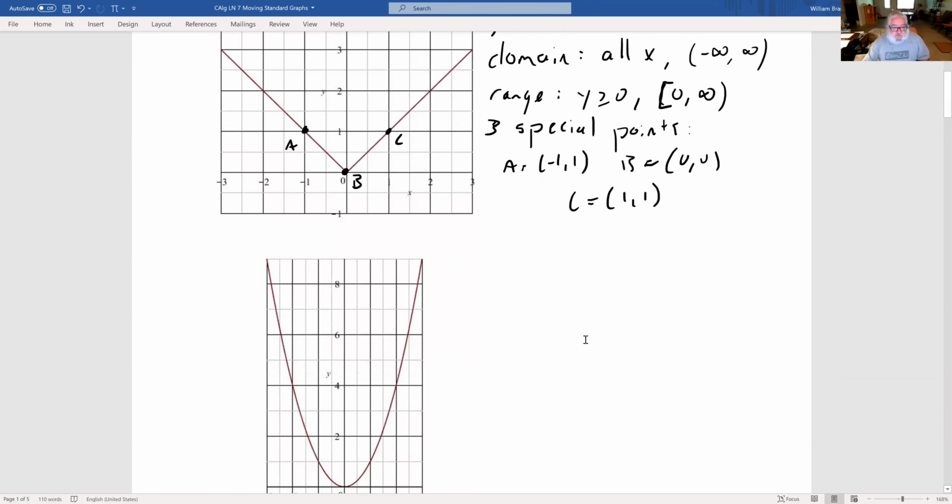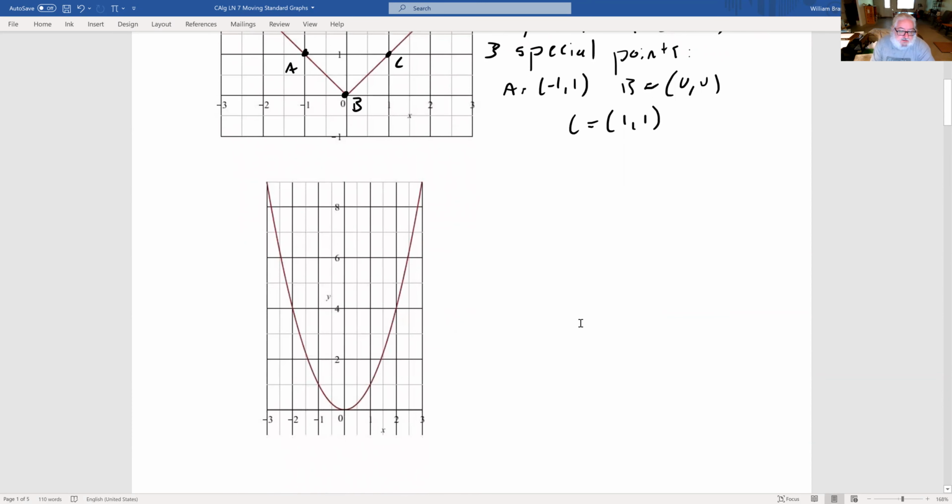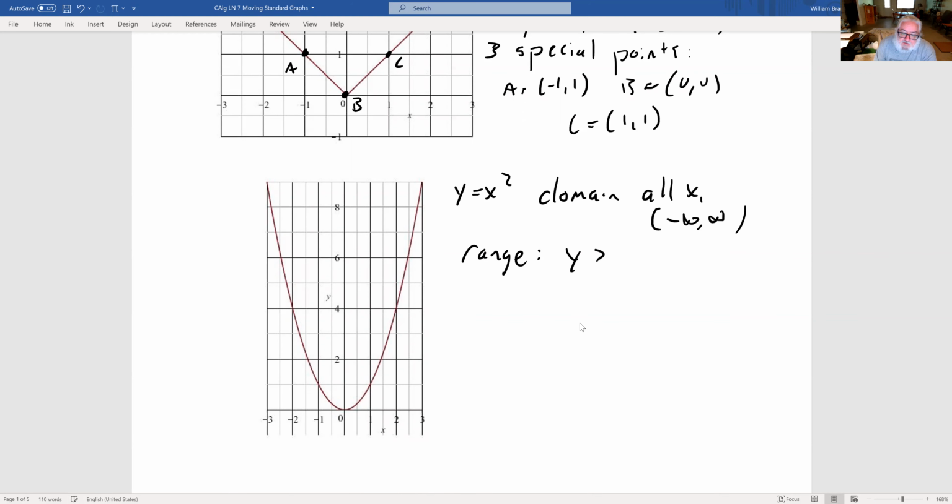A very similar graph is y equals x squared. Looks pretty much the same, except it's curved instead of an angle at the bottom. So its domain is all x, or in interval notation, -infinity to infinity. Range, y greater than or equal to 0, which we can write like that.